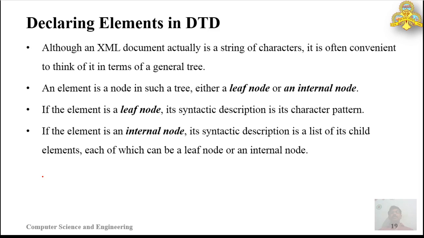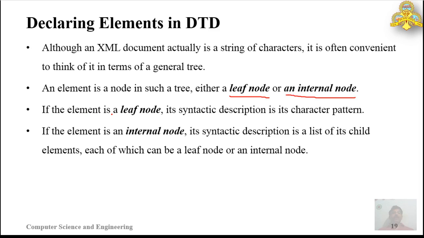Declaring elements can be considered as constructing a general tree in the XML file. If we consider the XML data structure as a tree, then the first element that we'll encounter is the root node, and the last node, which doesn't have any child node, will be considered a leaf node, and any node in between the leaf node and the root node will be an internal node.